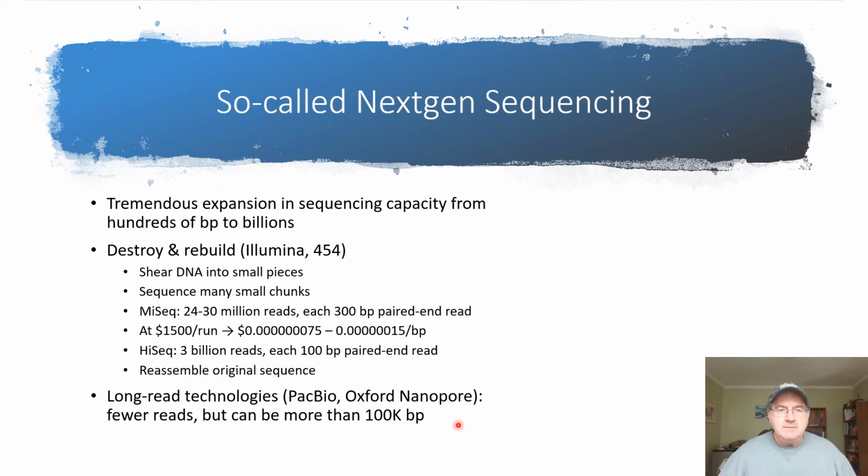So these techniques are not cheap, but they're well within the financial capacity of many labs. And so it's possible, and we've done it several times, to sequence the entire genome of the organisms that you have of interest.